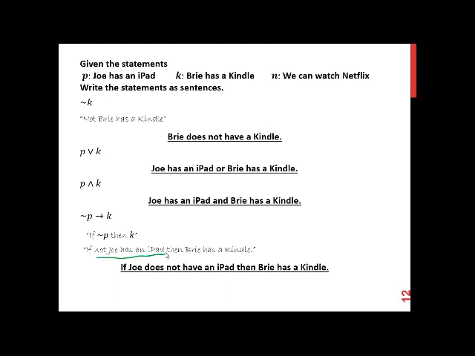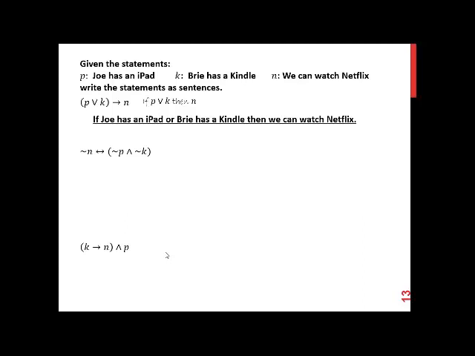Some more of these. Let's see. P and K, if P and K, then N. If P or K, then N. If Joe has an iPad, or Bree has a Kindle, then we can watch Netflix.